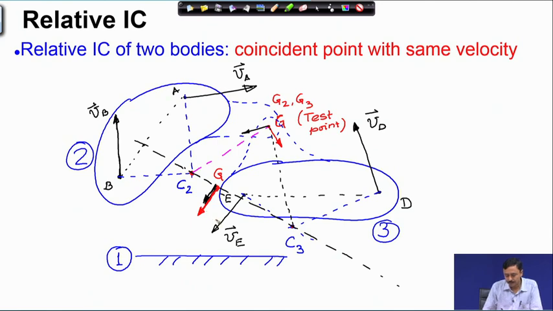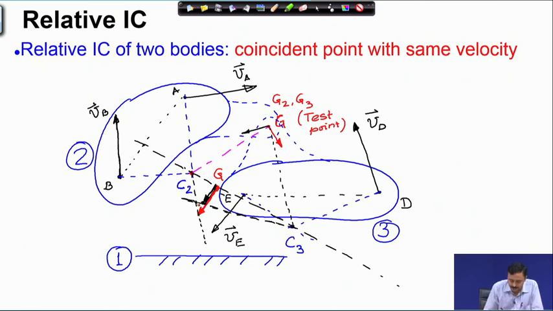See, the directions will match on this line, any point on this line the direction of the velocities will match, but the magnitudes are not matching. So, to find that out, I draw this line and I draw this line. So, these are touching these vectors. This is touching the black vector and the other line from C2 is touching the red vector. Red vector belongs to body 2 and the black vector belongs to body 3.